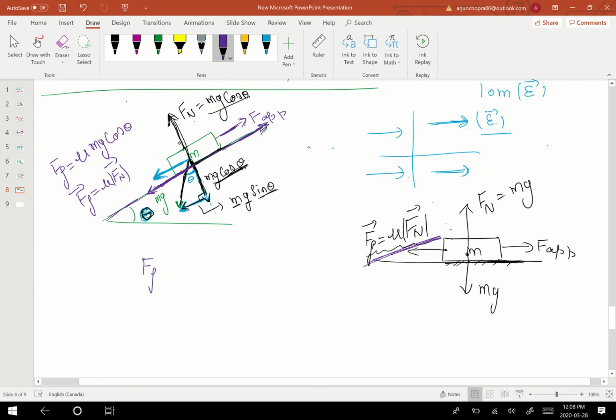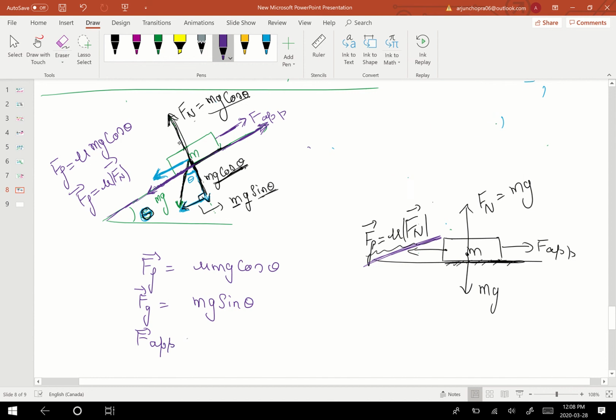One is the force of friction, which is equal to mu mg cos theta, and the second force is Fg, which is equal to mg sin theta. I'm not worried about the directions right now, so I'm just writing down the forces. And the third one is the force applied.